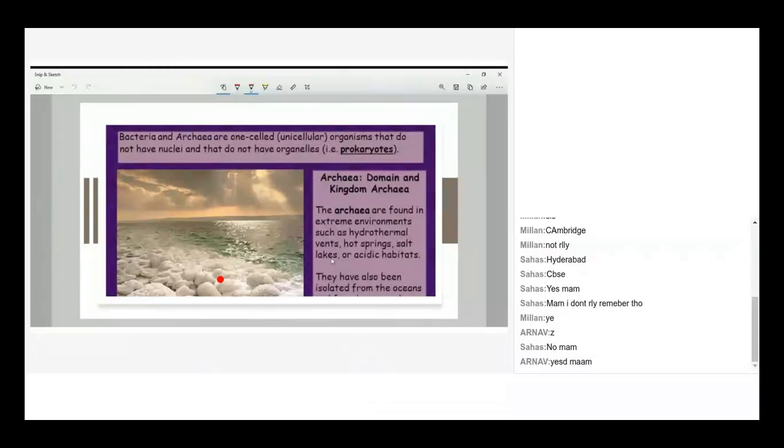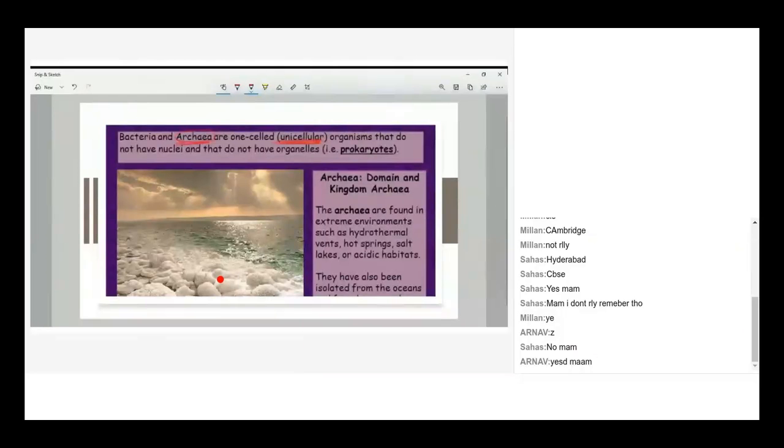These are called archaebacteria. Archaebacteria are also unicellular. This is the point you have to understand. Under the unicellular concept, they have given various names. All those terms are different and make you confused in answering questions. That's why I'm giving a list of unicellular organisms.